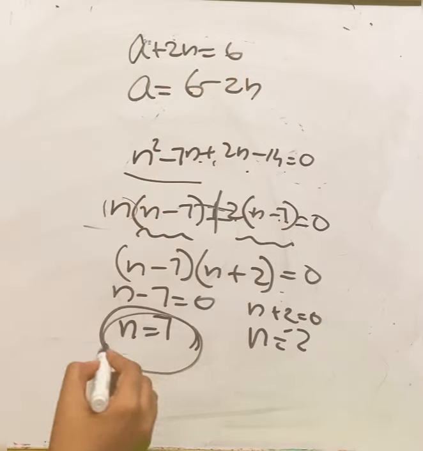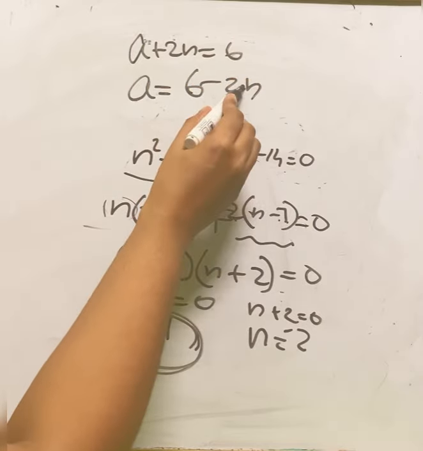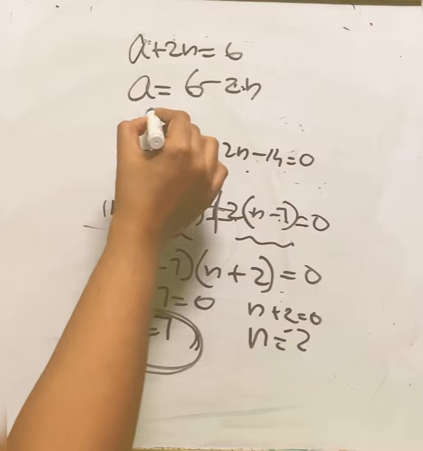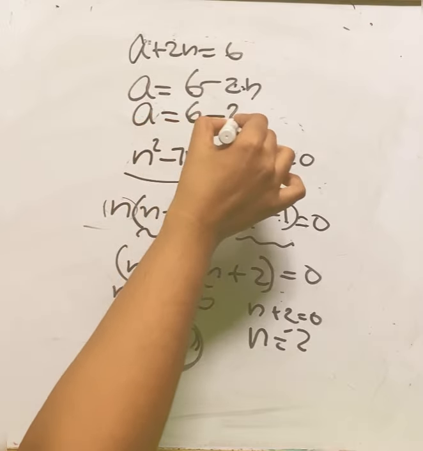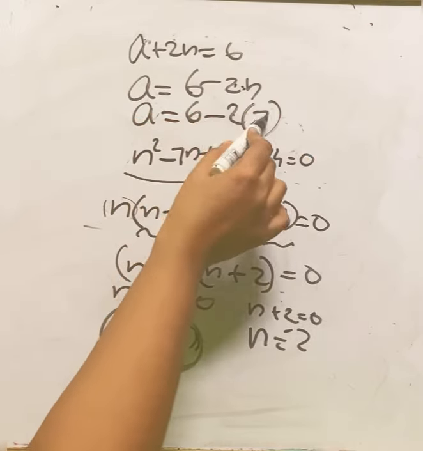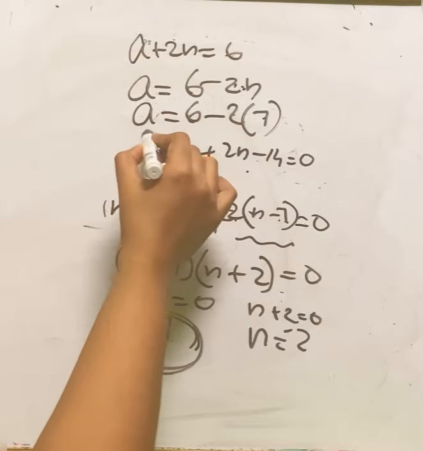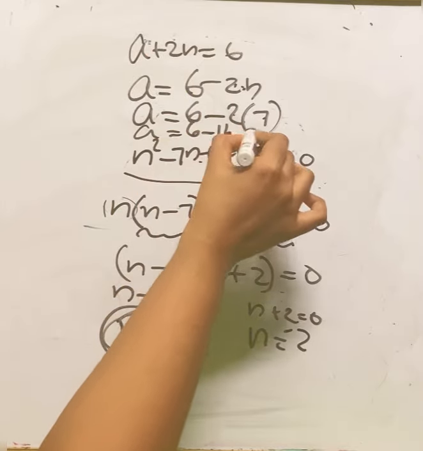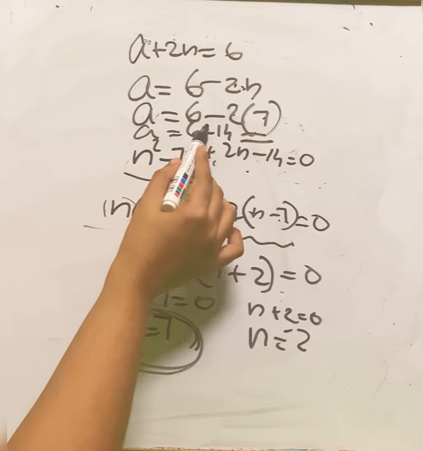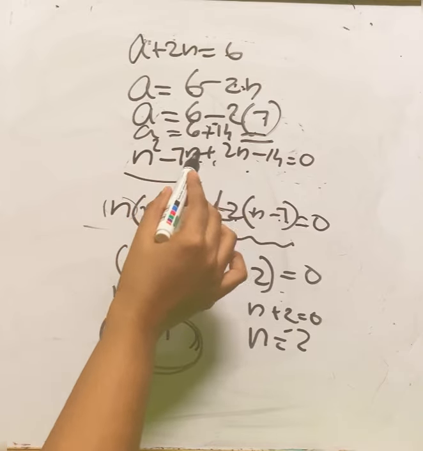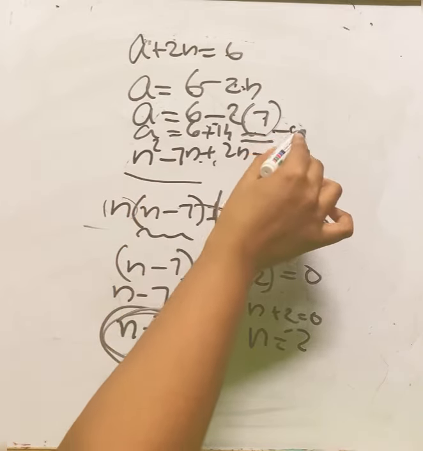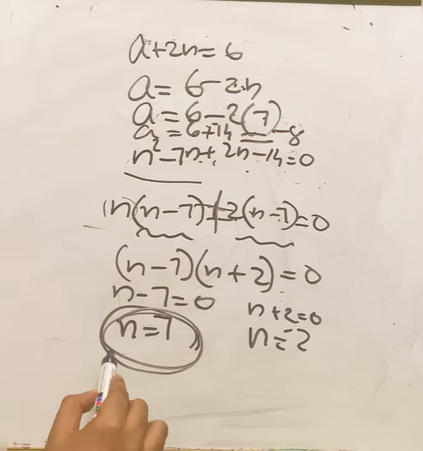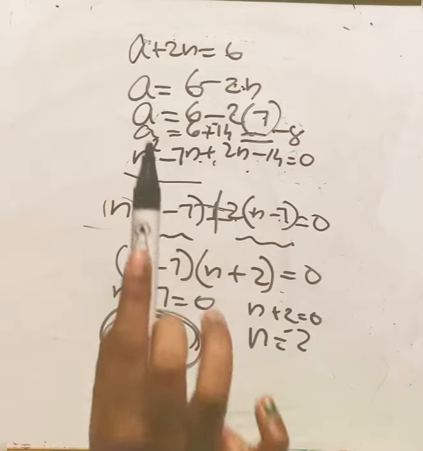We can substitute the value of n in this equation so that you will get the value for a. That is a equal to 6 minus 2 into 7. 2 7s are 14. a equal to 6 minus 14, result is minus 8. So you got n equal to 7 and the value of a is negative 8.